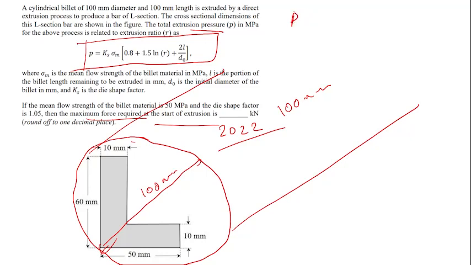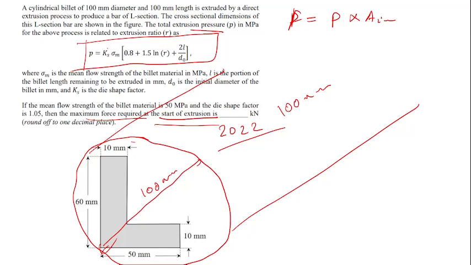So force will be pressure into initial area, because they are asking for the maximum force required at the start of extrusion. So it will be the cross-sectional area at extrusion, A initial, that you have to find. Now let's see whatever is given in P.